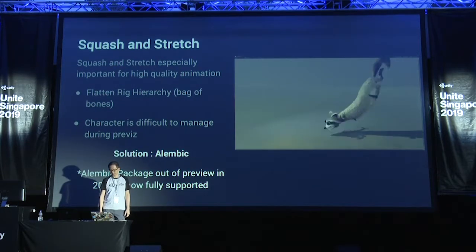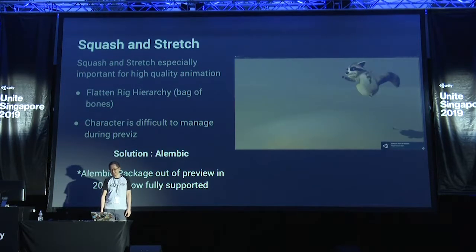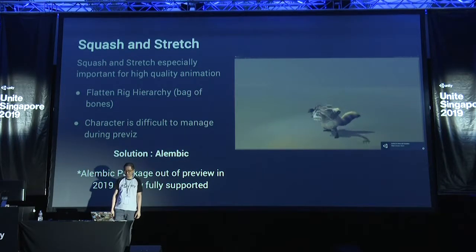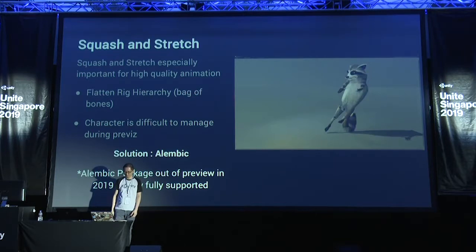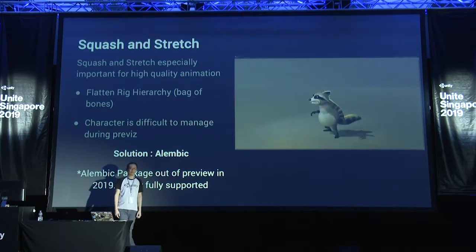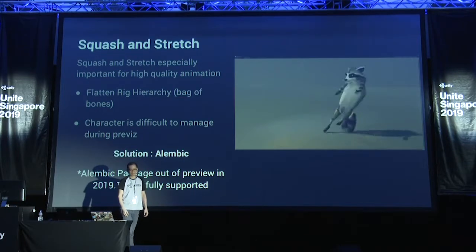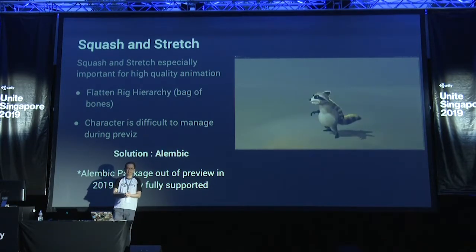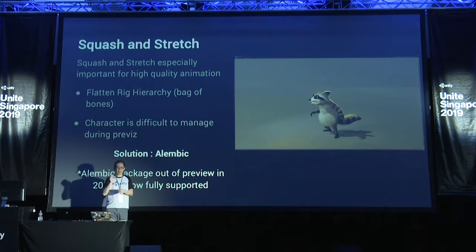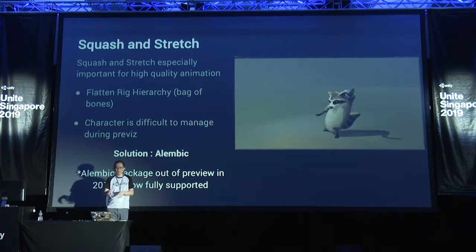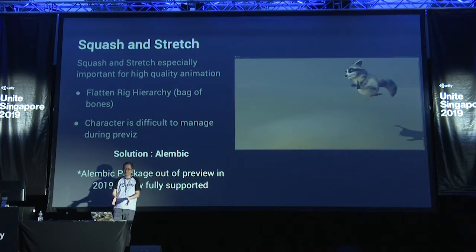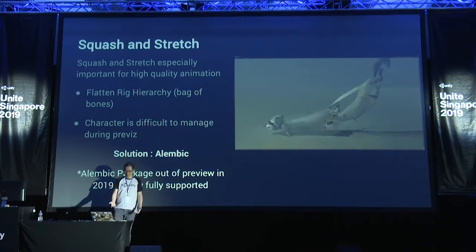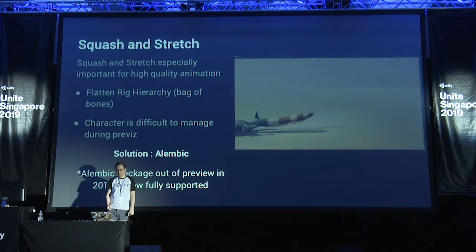It's stretched unnaturally, but it's essential to give that feeling that there's a lot of movement going on. So to create something like this is difficult with a skeletal mesh. And there's also potentially a lot of modifiers that you put on the rig to create something like this, and not all of these are supported when you import to Unity. So then it's easier to just export them out as an Alembic.